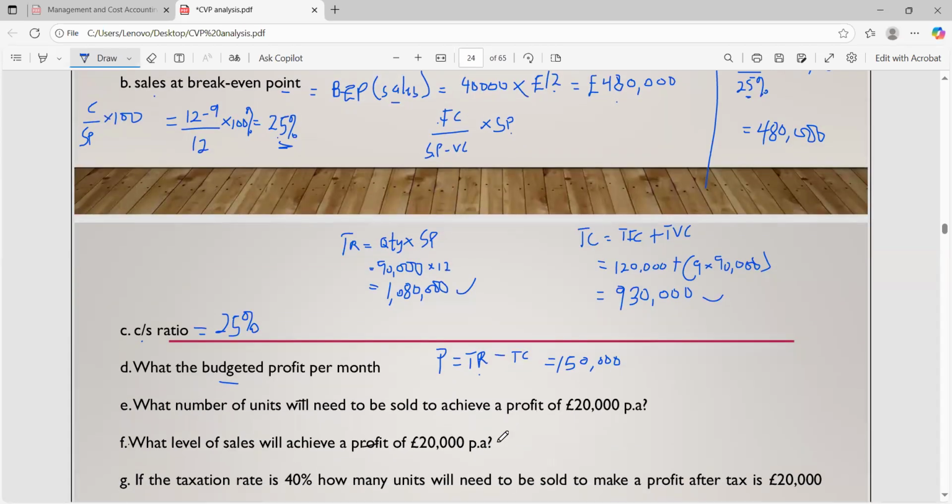Because you're making progress. Okay, what number of units, be mindful, will need to be sold to achieve a profit of 20,000 per annum?